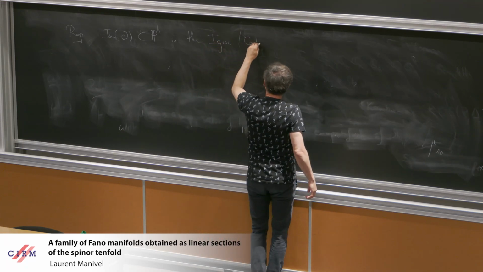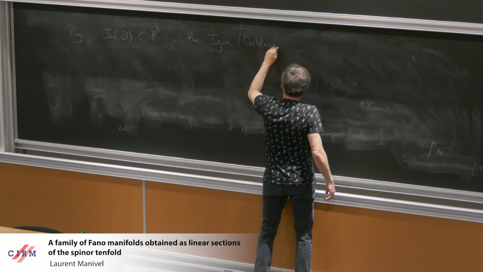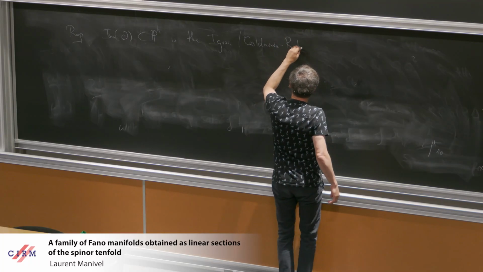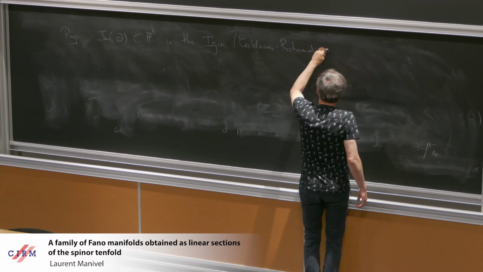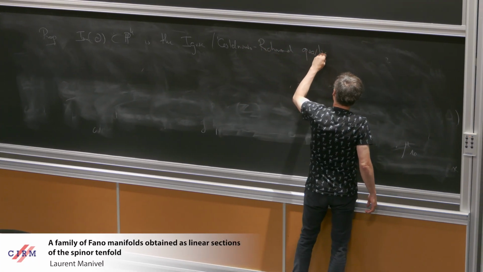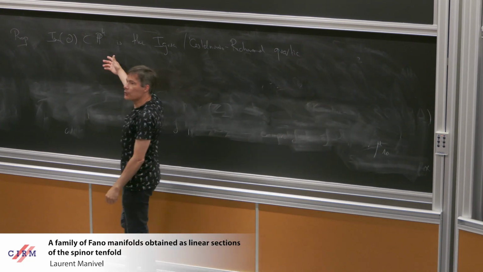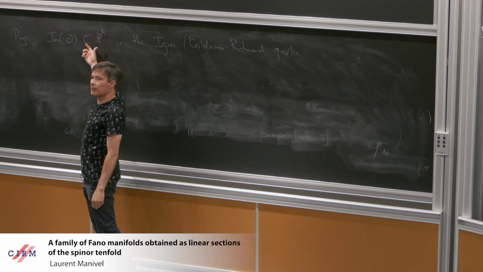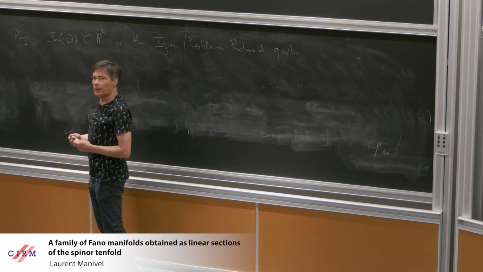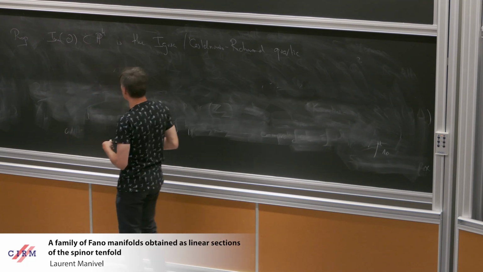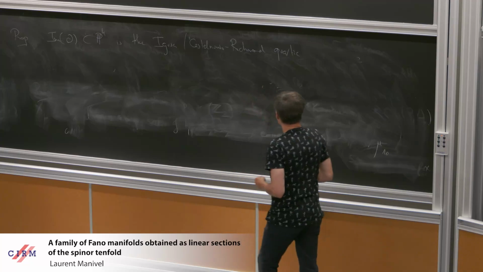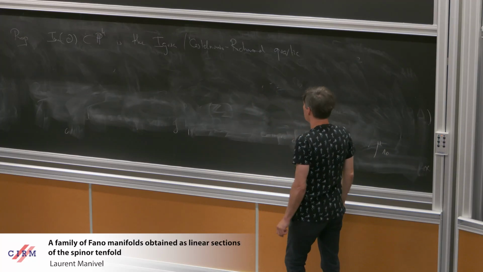Sometimes called the Castelnuovo-Richmond quartic. This is a special quartic hypersurface which is singular along 15 lines, which has a symmetry, the symmetry group in 6 letters, and this is the unique such quartic.